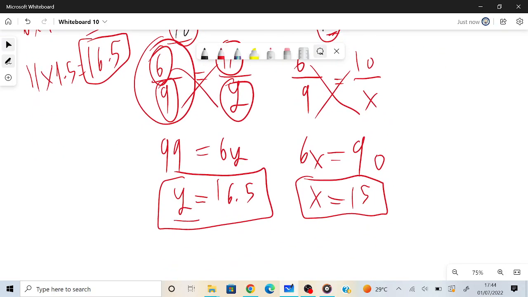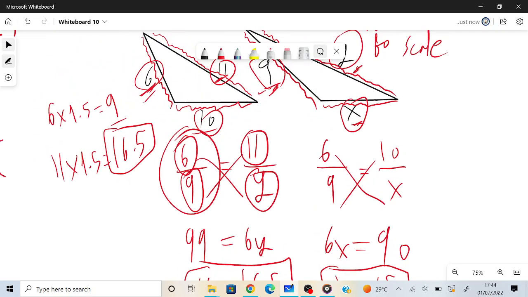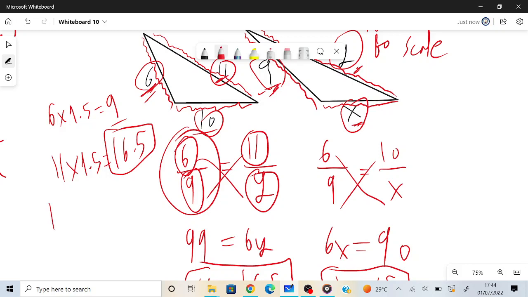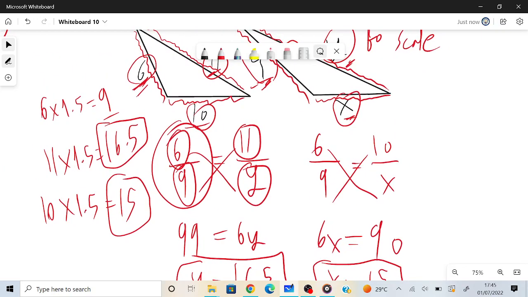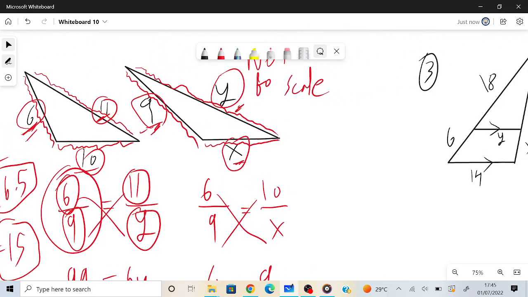Yep, I did. And then that means to get my x, I would have done 10 times 1.5, and that would have given me 15. Yep, so that is also correct, because that is our x that we found in the end. So that is the answer to that question.